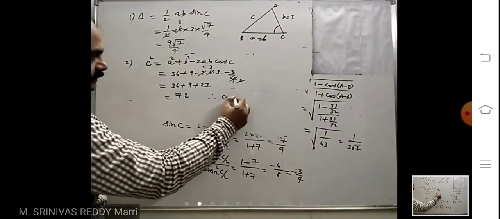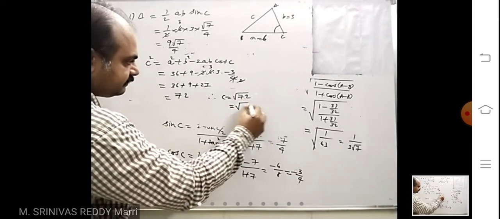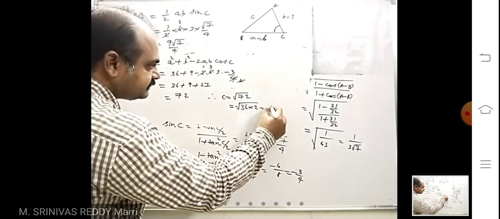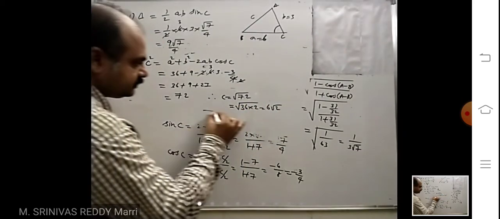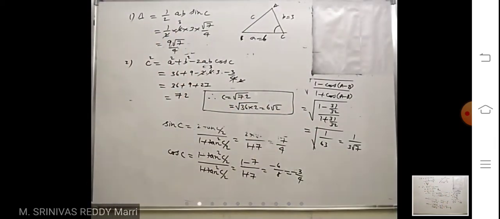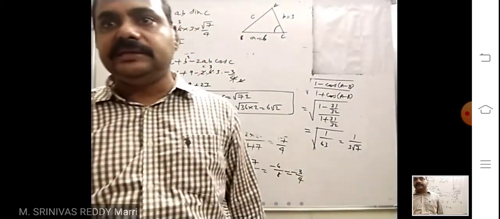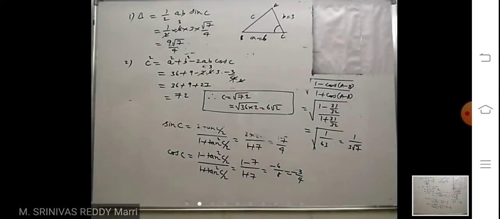Therefore, C is nothing but root of 72, which is root of 36 into 2, that means 6 root 2. So like that, this is an indirect application of the tangent rule. Whenever angle A minus B is known, try to use the tangent rule. Note it down.